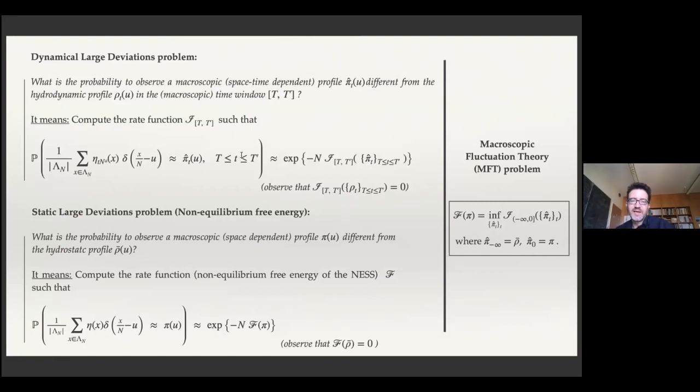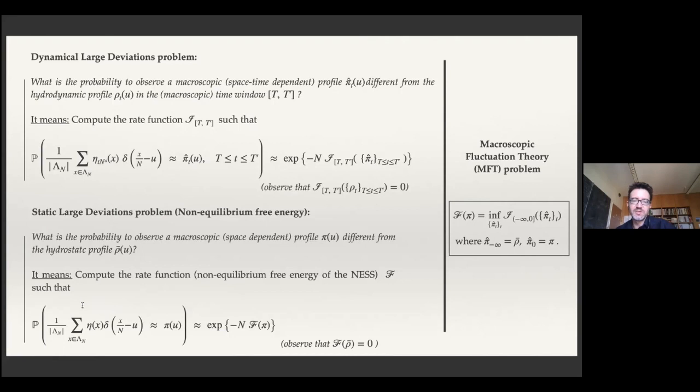So this is the first step, and then there are also other large deviation problems, which are in fact the way to define what is non-equilibrium free energy. It is the same problem, but now you don't ask about the large deviation for the path. You ask for the large deviation for the profile in the non-equilibrium stationary state.